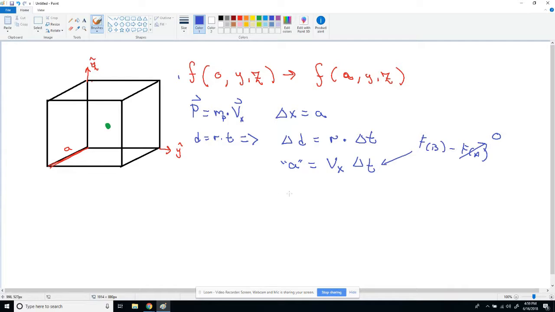So we can go ahead and say that a length over the velocity in the x direction will give us the time to go a distance a with speed vx, and the force in this situation is mass times acceleration, which we write as d dt of v.